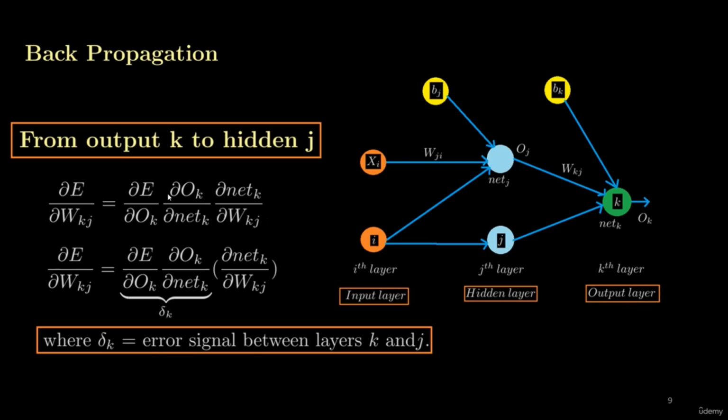After finding these three values, we will put those values here so that we can get the exact value of this gradient, that is rate of change of error with respect to wkj. Let's start by finding the value of dE by dok, or rate of change of error with respect to OK.